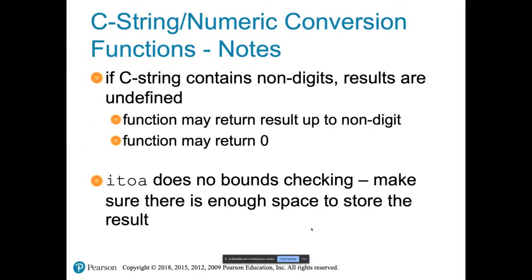C string numeric conversion function notes. If the C string contains no digits, results are undefined. To me, whoever wrote this did it poorly. In other languages such as Java, if they can't convert something, it throws a number format exception. So they have exceptions. So sometimes you might have to look at the version of the compiler you have, the C++ that you're compiling with, and see what it does.